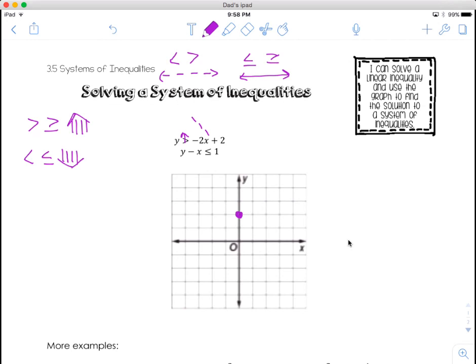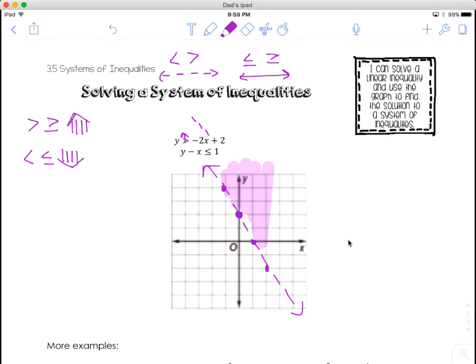Shade it up. Okay, so let's graph this. So it goes from this point, it goes down 2 over 1, down 2 over 1. We could go up 2, backwards 1. We have to fill this in with a dotted line. And it shades up.